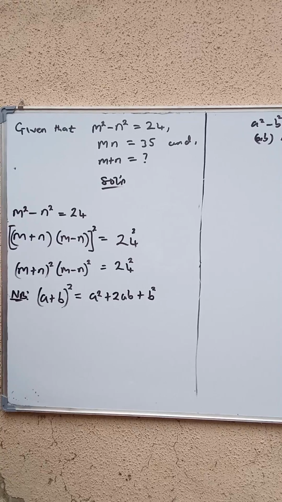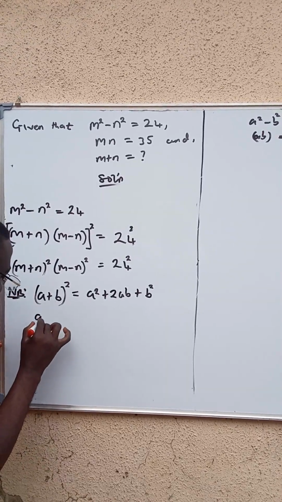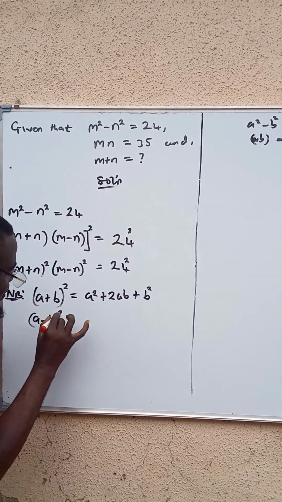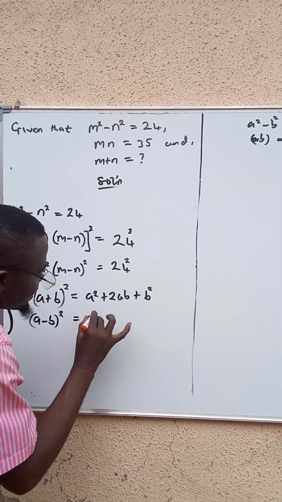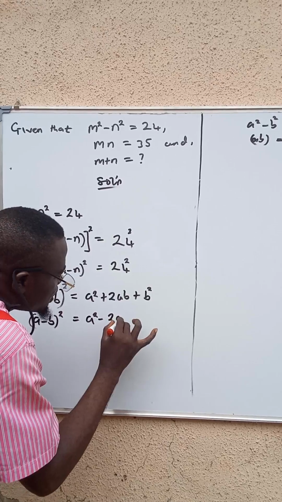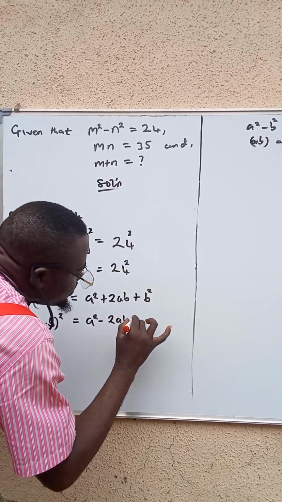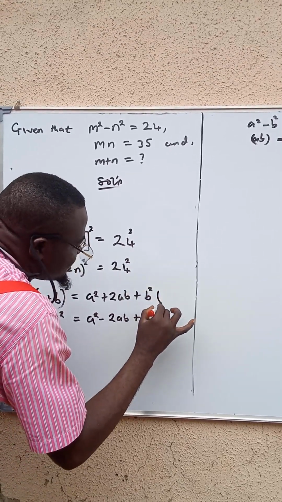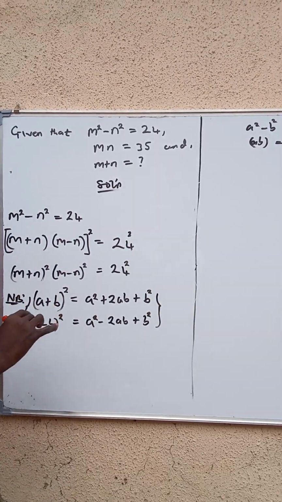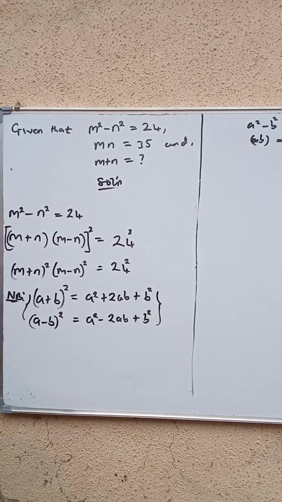It's among the identities. Now (a minus b) all squared is the same thing as a squared minus 2ab plus b squared. These are some of the beautiful identities.